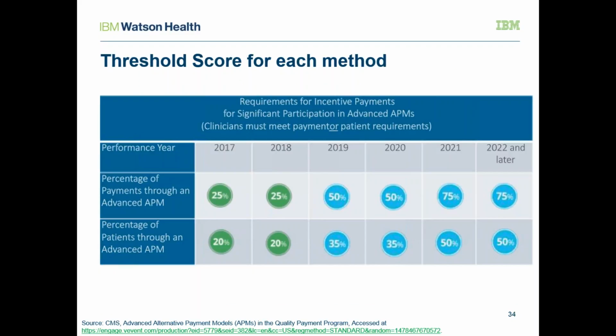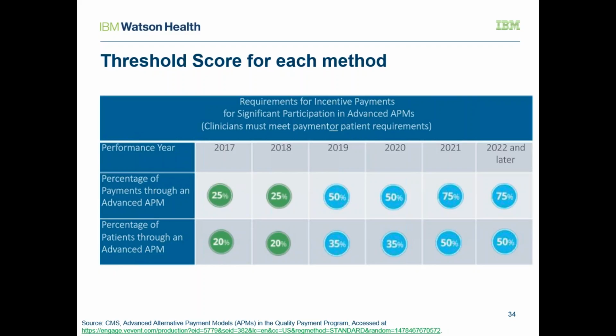The next slide is the threshold scores that CMS set. If you're at 25% of payment through your advanced APMs, you've hit the target. You've got a thumbs up from CMS, and you will be in that advanced APM. If your percentage of patients through the APM, through the patient count methodology, is at 20%, thumbs up, that's what they're going to use.